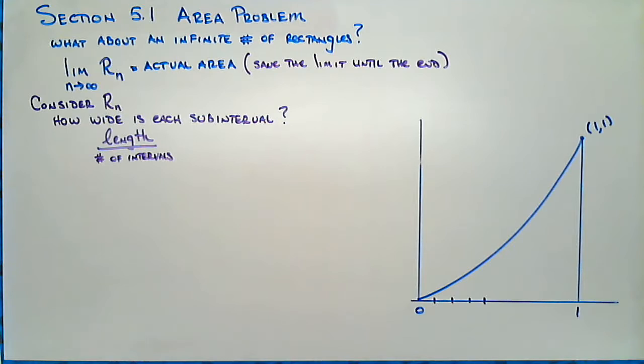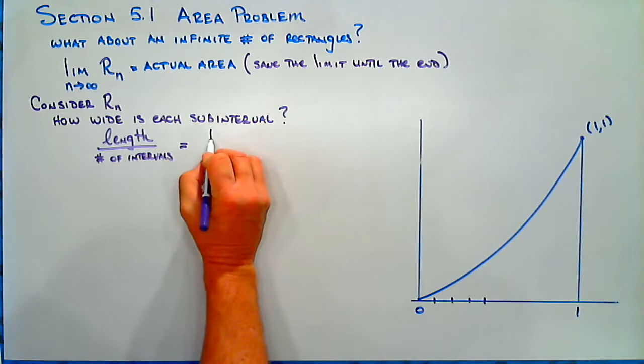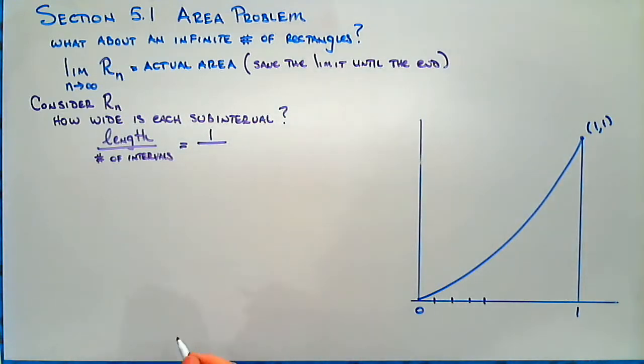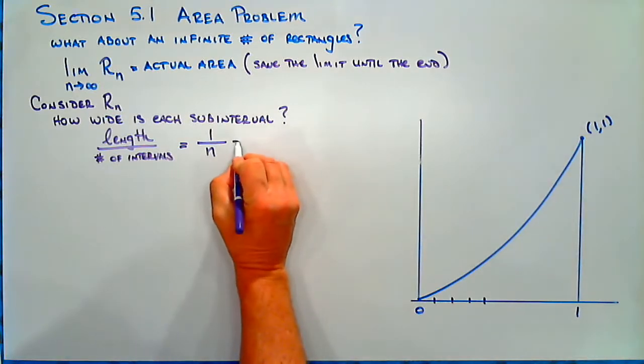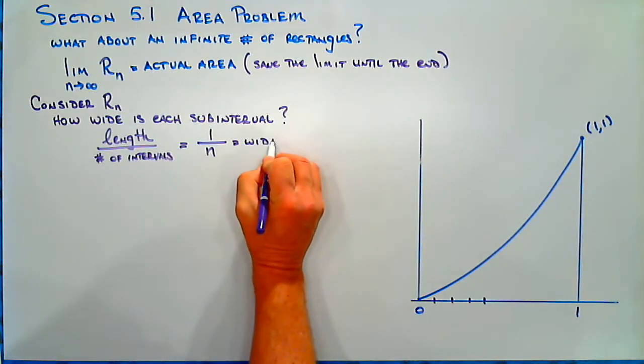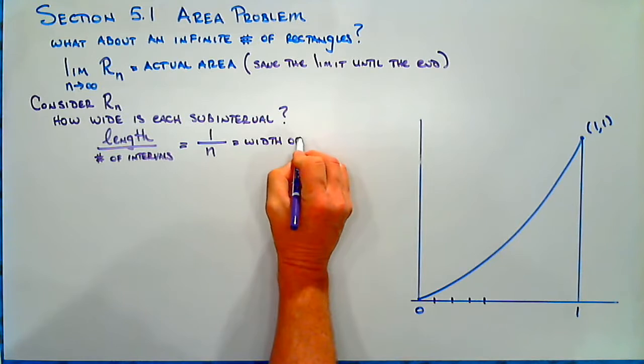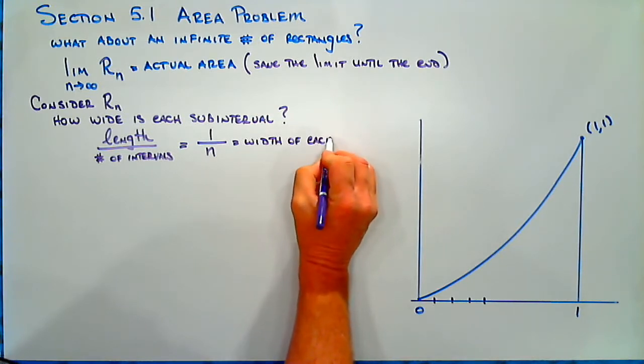Logic told us, I go from 0 to 1, I need 4 of these, they're each going to be 1/4, and we were on our way. Now we're going to have to think about it a little longer. Our length is 1. And how many subintervals do we have? We have n. Well, that's the width of each interval.